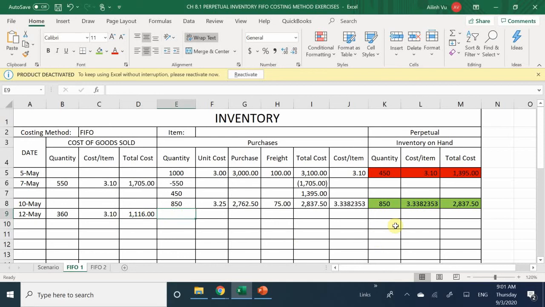Now, because we're dealing with two different batches, it is up to you how you want to see this. I'm going to take my 450 and bring it back down here, so that I know exactly what I'm taking out of.